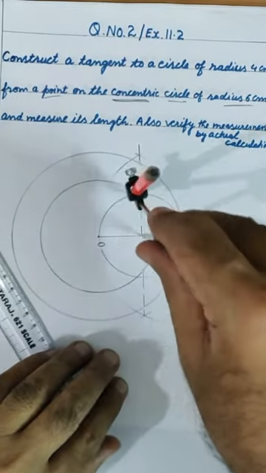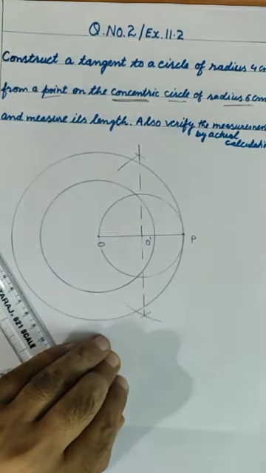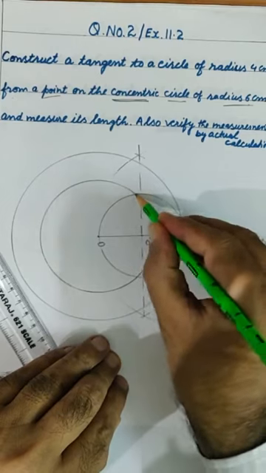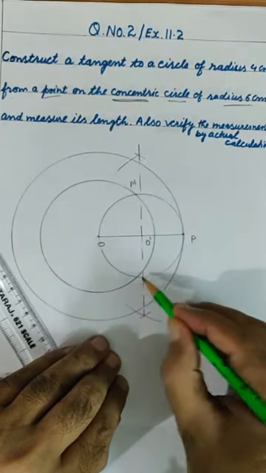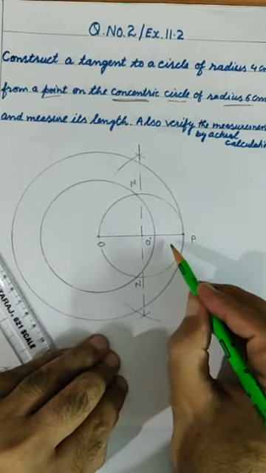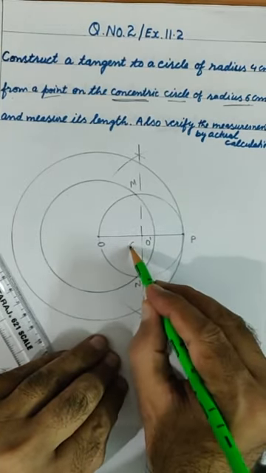I think you understood this, my child. These 2 points, you can take this as M and this as N, and you know this total length is 6 centimeter up to here.